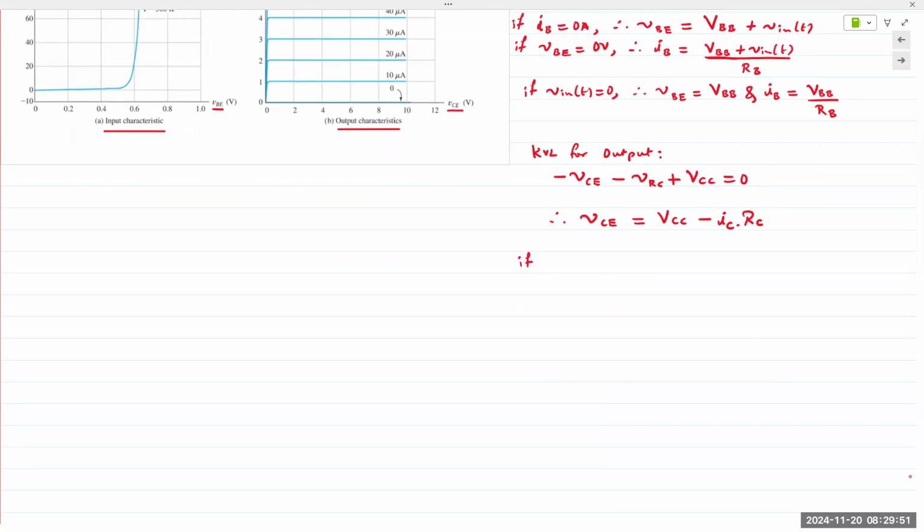Now, to find points for the load line, if VCE is equal to 0, then IC is simply VCC over RC. And if IC is equal to 0, then VCE is simply equal to VCC.